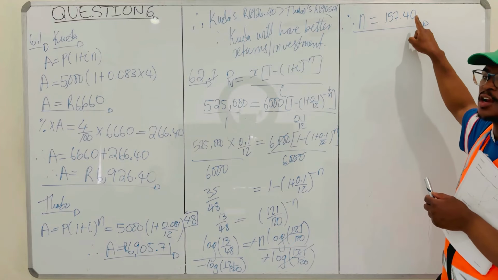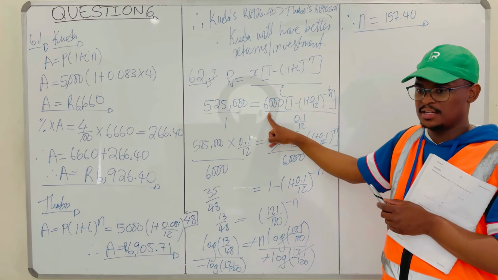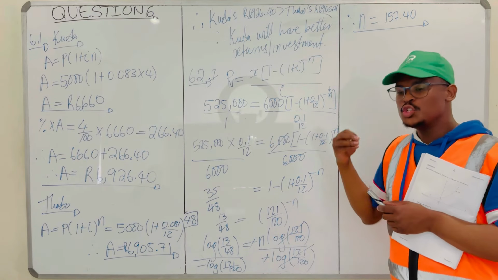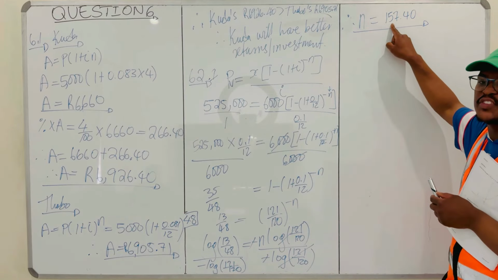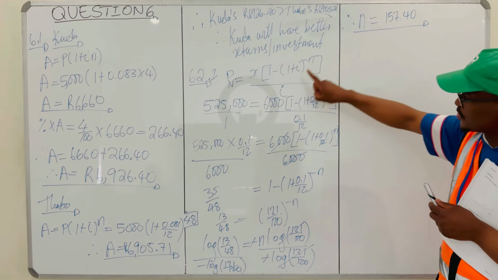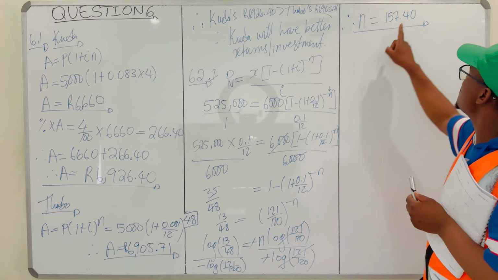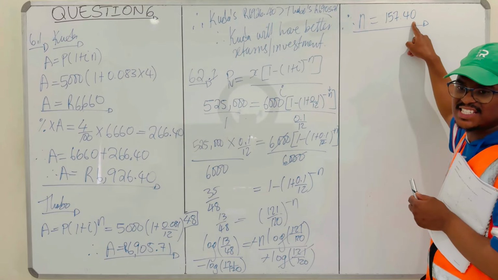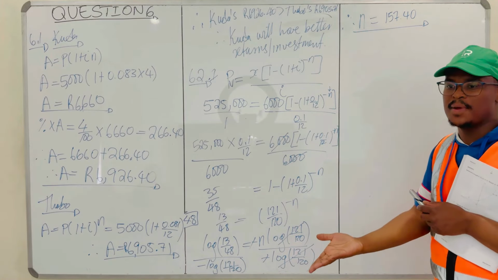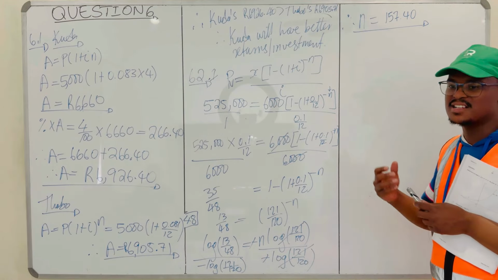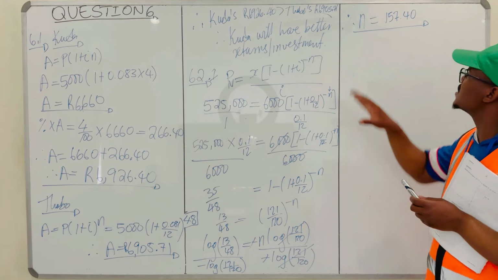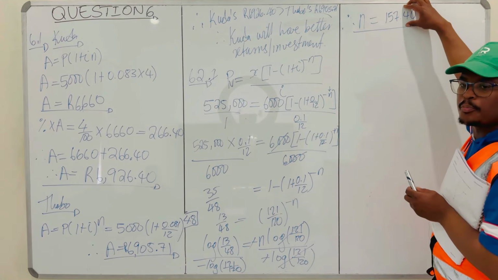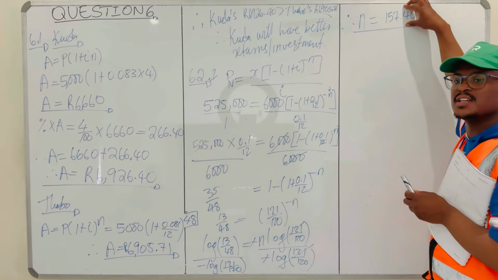It's just 0.4 of that 6,000, which is 40% of that 6,000 as the last payment. So in total, this person paid 158 times, the full 157 plus that proportion of the 6,000.